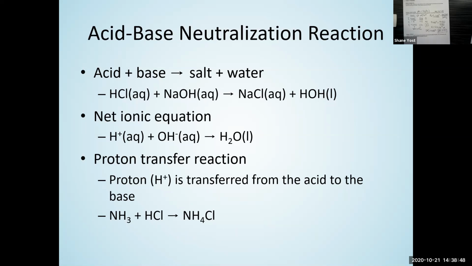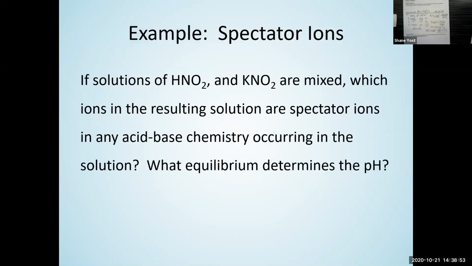Again, I want to stress that multiple times. If you have an example like this one, where I introduce nitrous acid and potassium nitrite in solution, these are conjugate acid-base pairs. They do not react with each other. They just establish this equilibrium with each other, where the weak acid is on one side of the equilibrium and the conjugate base is on the other side. They do not react with each other whatsoever.